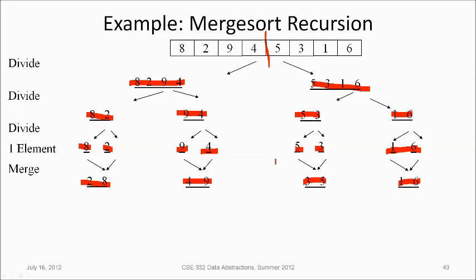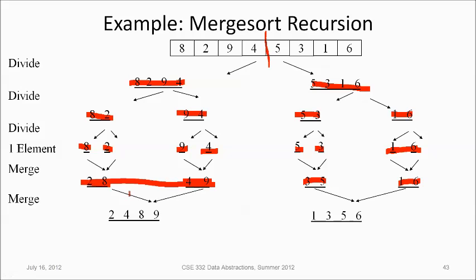Now we're done merging one element. Next, we're going to merge what? 2 elements. Okay, merge again. We're going to merge these 2, to merge and sort. Don't forget, we have the 2, 4, 8, 9.